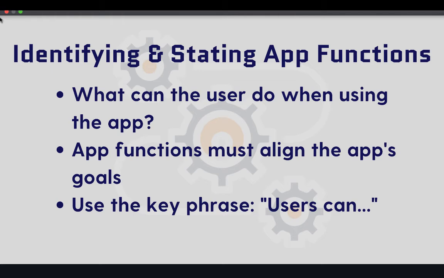That's an app function. Basically, users can shop using the app. And in your wireframe, that's the first time you're going to attempt to create that app flow through a series of user interfaces.